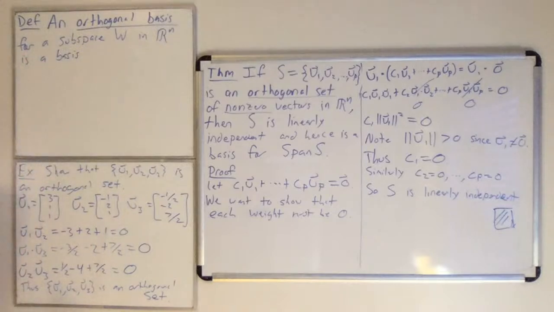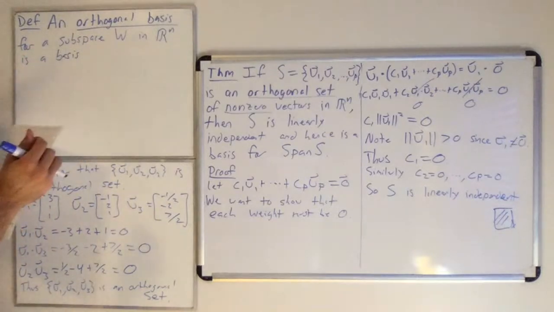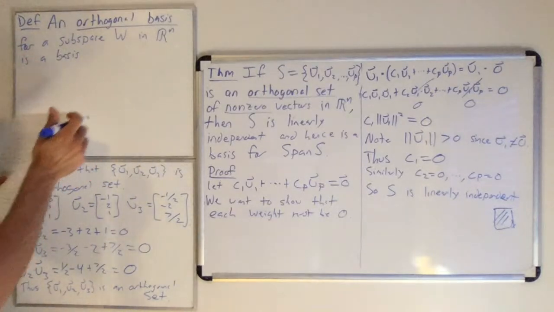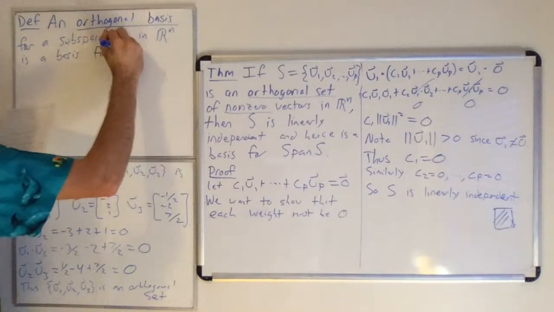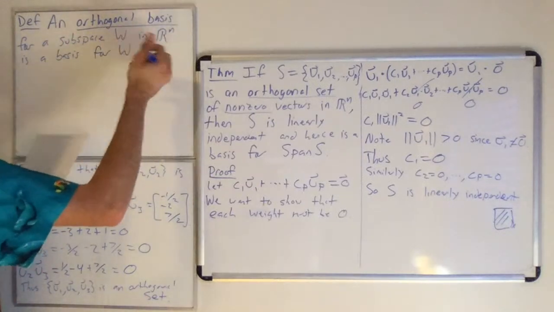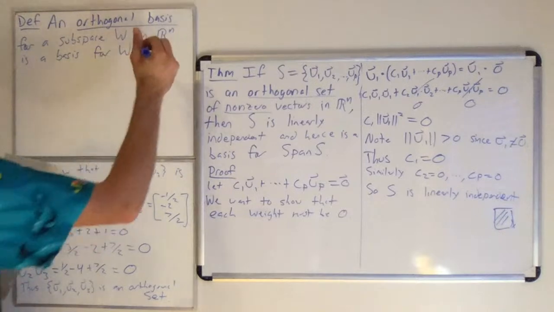So an orthogonal basis for a subspace W in Rn is a basis for W that is also an orthogonal set.